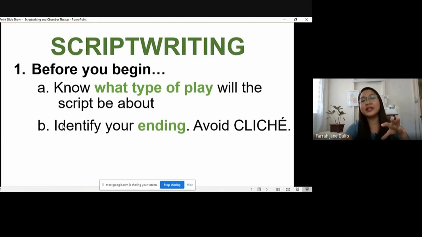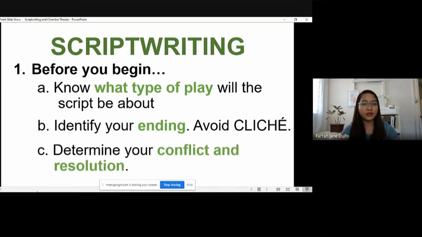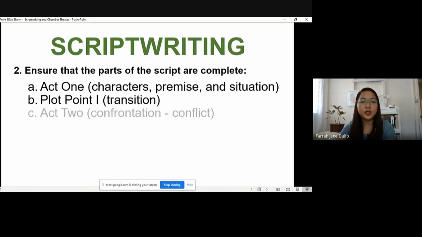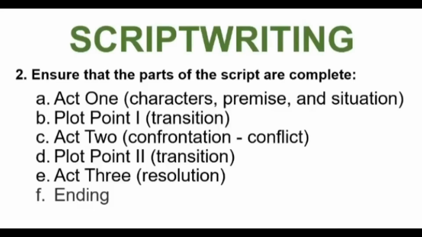To avoid that, before you begin your exposition and rising action, you should know how to end that play, how to end that story. Then determine your conflict and resolution. Then out from that, because you already have the ending and how the conflict should happen, you can already begin creating your play. So ensure that the parts of the script are complete from Acts 1, 2, 3, and to the ending.